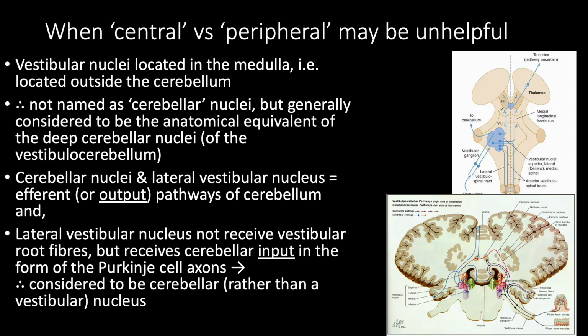The cerebellar nuclei and the lateral vestibular nucleus are the efferent or output pathways of the cerebellum, and the lateral vestibular nucleus does not receive vestibular root fibres, but receives cerebellar input in the form of Purkinje cell axons. Therefore, they're considered to be cerebellar rather than vestibular nucleus.